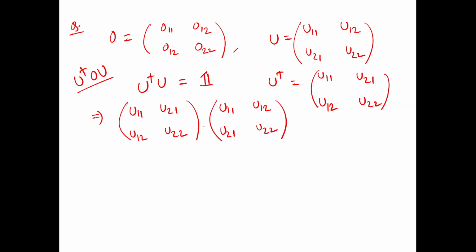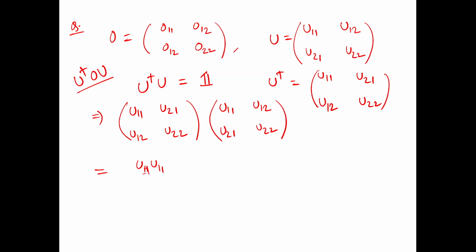It will result in a 2 by 2 matrix, because this is a 2 by 2 matrix and this is a 2 by 2 matrix. The entries are U11 conjugate U11, U21 conjugate U21, and so on.